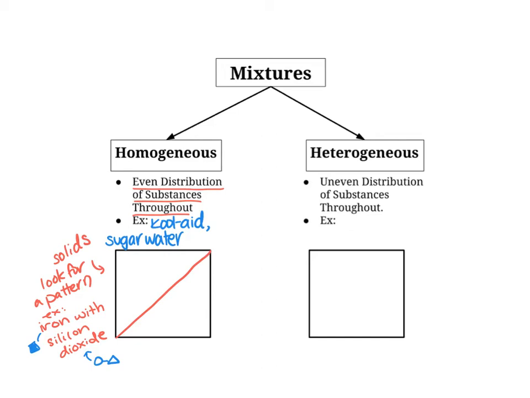evenly distributed. So I'm going to start with an iron square. I'm going to put that next to a silicon dioxide. Again, those are not bonded together. The silicon dioxide's bonded because it's a compound, but I'm just drawing it next to the iron because the iron is not connected to the silicon dioxide. That's why we could remove those iron pieces if we wanted.